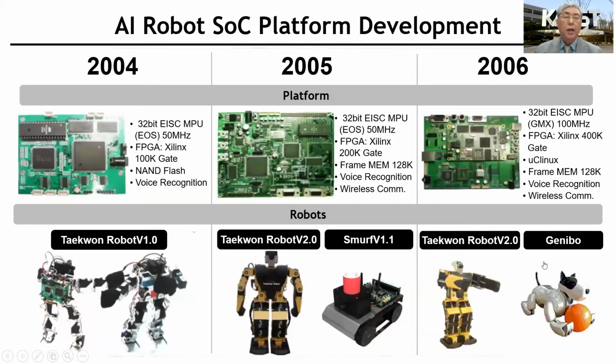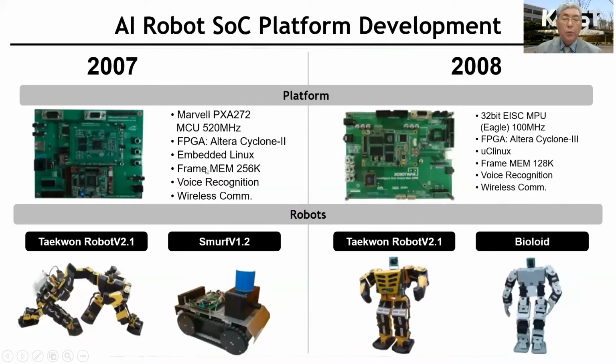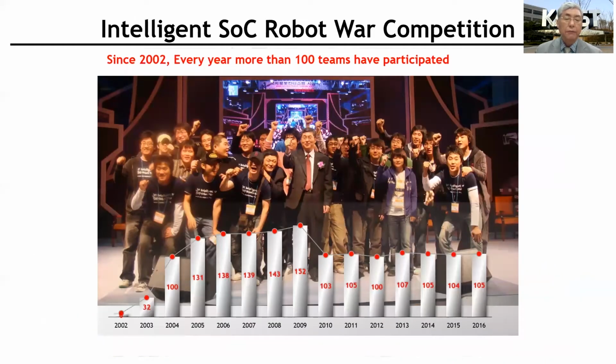Okay, next, we changed the platform from the tank to the humanoid. Every year, we held the AI SoC robot competition, from 2002 to 2018. And every year, more than 100 teams have participated in the Intelligent SoC Robot War, or AI SoC Robot War.